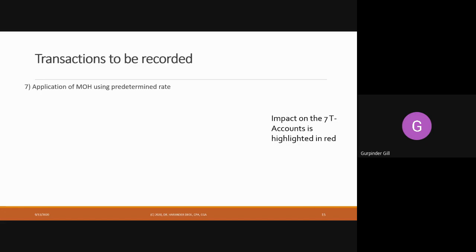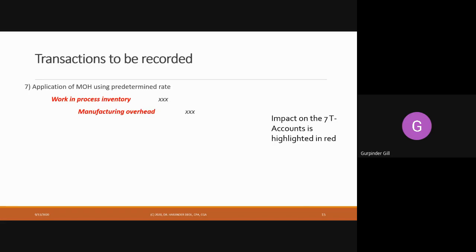Then we are applying our manufacturing overhead using the predetermined rate. Whatever we have seen up until step 6 was the actual manufacturing overhead cost. Step 7 is the application of your predetermined manufacturing overhead rate.